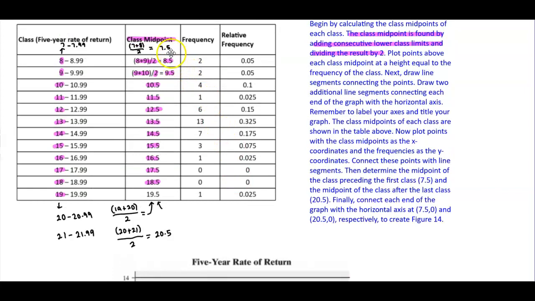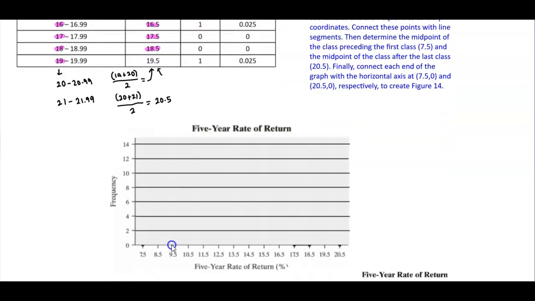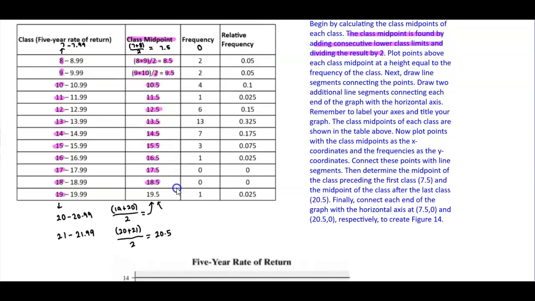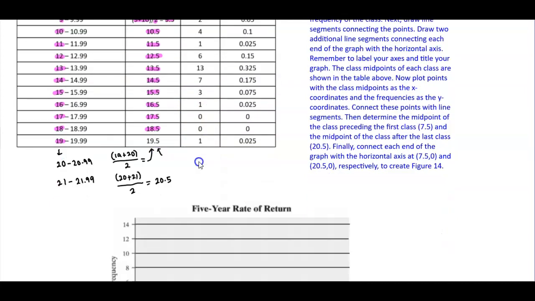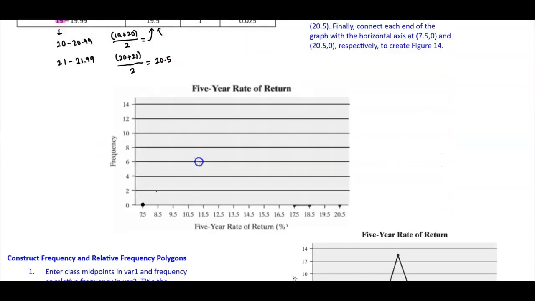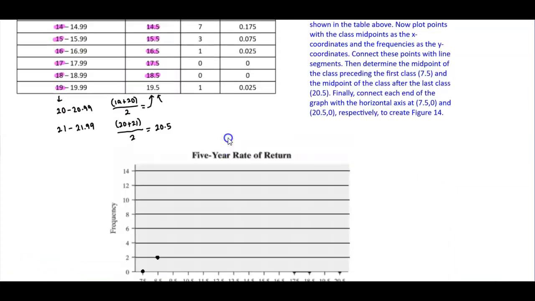If we take a look at the midpoint of 7.5, we know that it has a frequency of 0. So we're going to plot a point at 7.5 where it represents 0. Then if we look at 8.5, we're going to plot a point at 2 for the frequency. So we plot a point here at 2 above the 8.5.